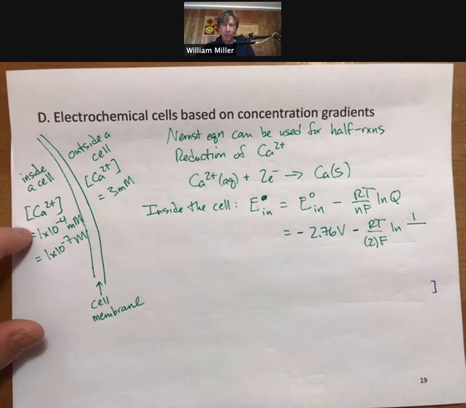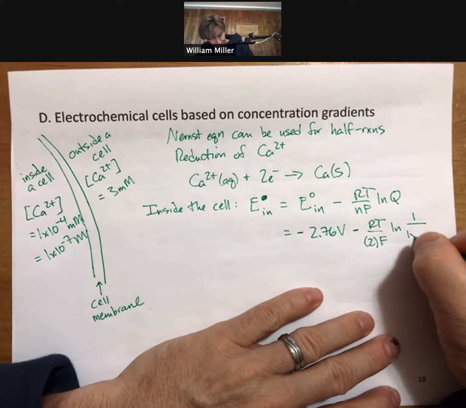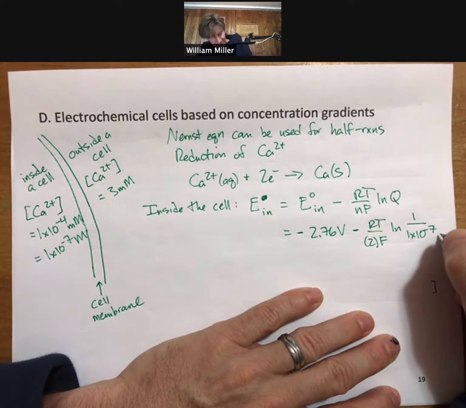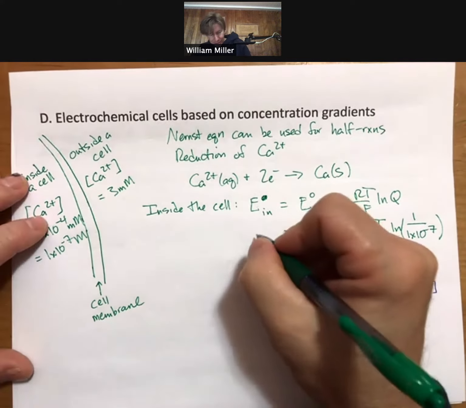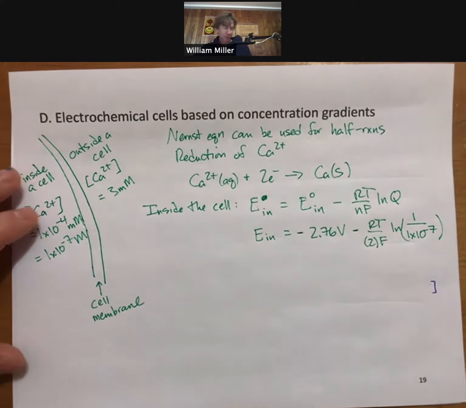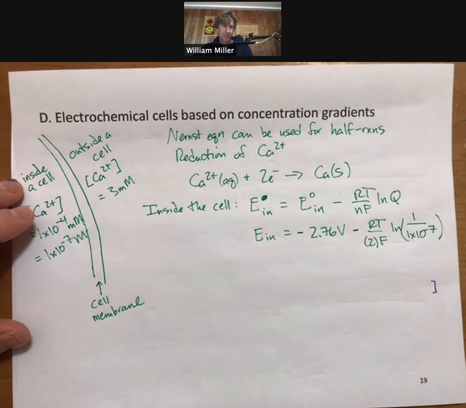Though they tend to report them in millimolar when they're talking about cells. But the number we need is 1 times 10 to the minus 7th there. And that will be our cell potential inside the cell.